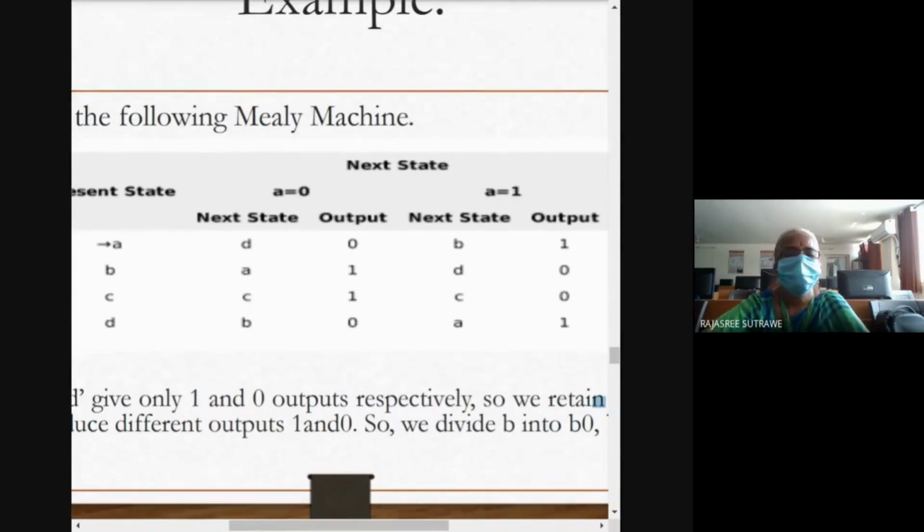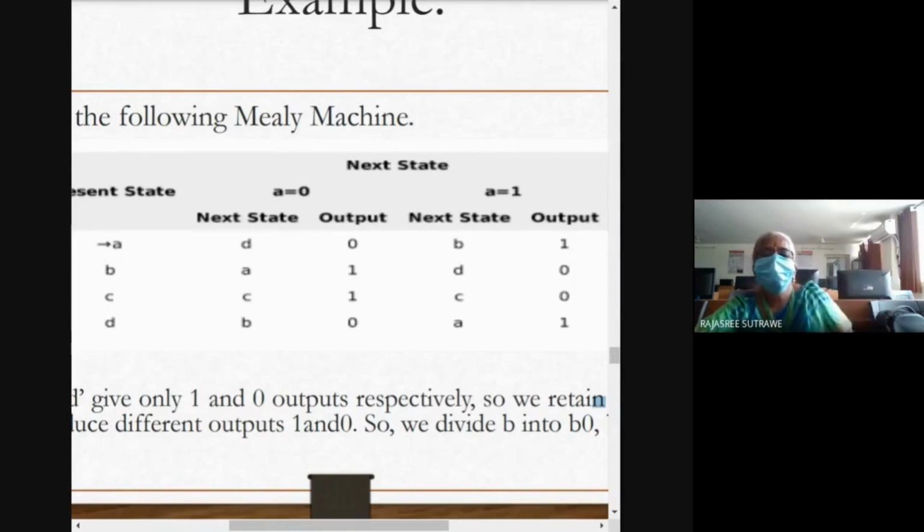So what we do here, this we got as C1 because output is 1, and this we got as C0. So C1 and C0 we write here, for both the places. C0 means output is 0. C1 means output is 1.